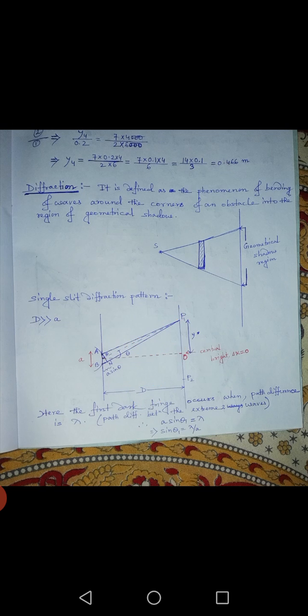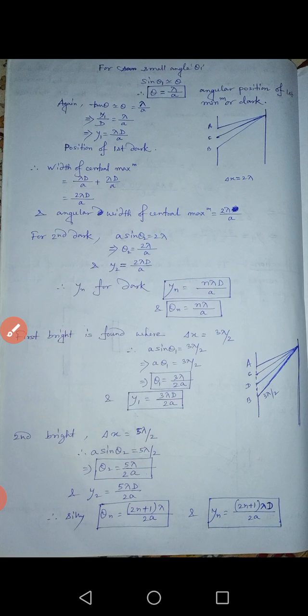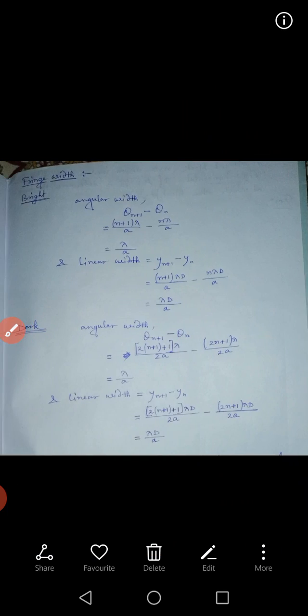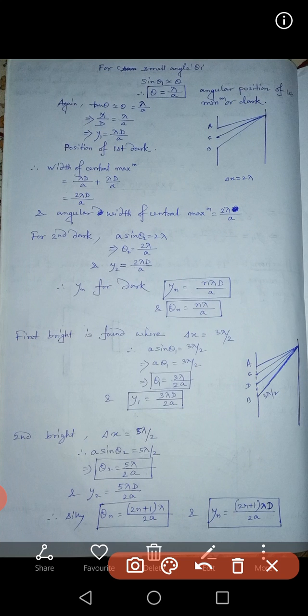Base is this one, which is nothing but the distance between the slit and screen, capital D. So y1 by D equals lambda by a, or y1 is equal to lambda D by a. This is called the position of the first arc, or linear position.